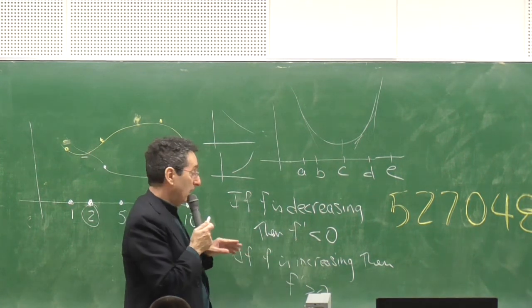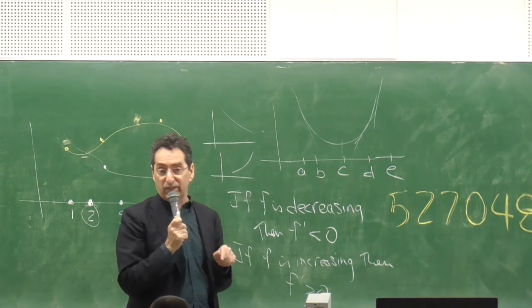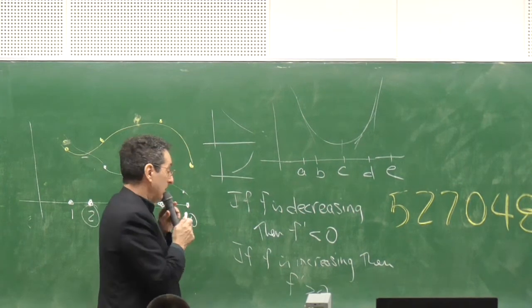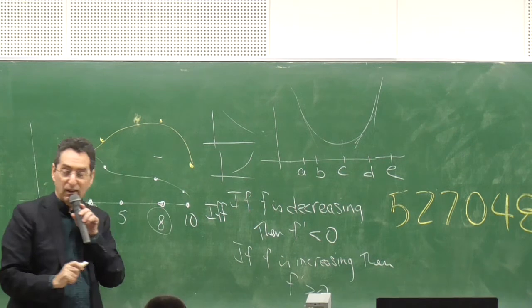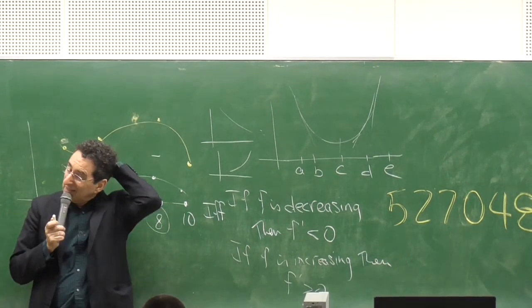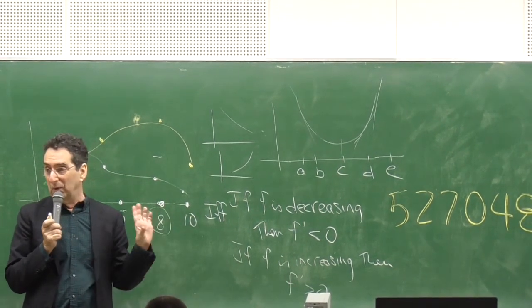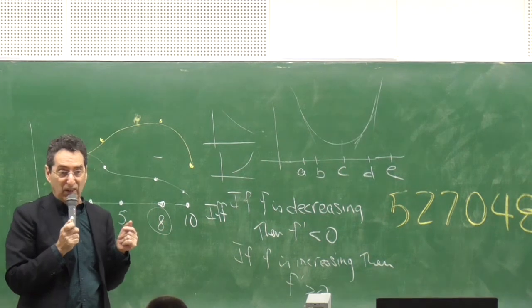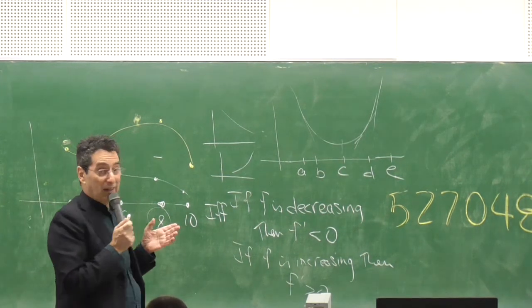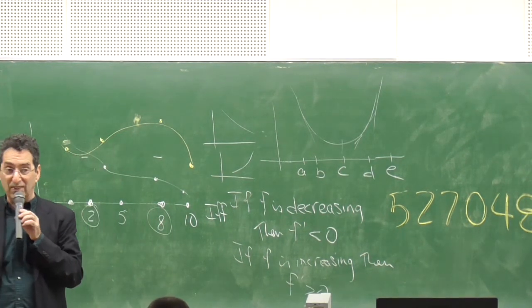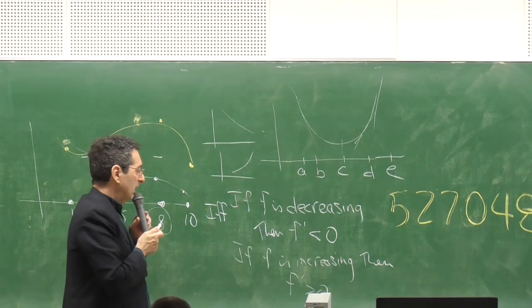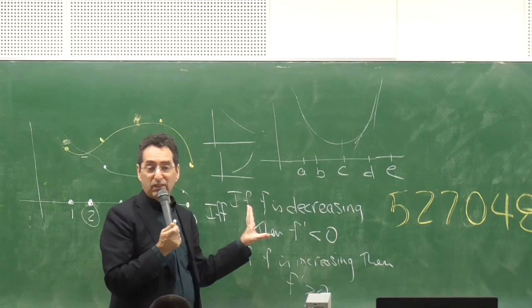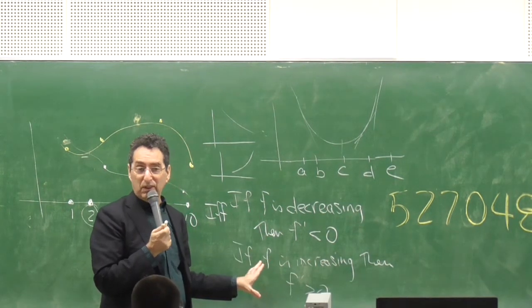So we often write that as if and only if. Sometimes in math they write if and only if like this, iff. In this case both directions are true, but it doesn't have to be that way. Over here it wasn't the case. So this is both ways, and this is both ways.